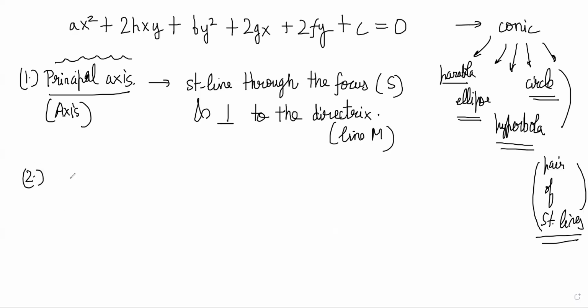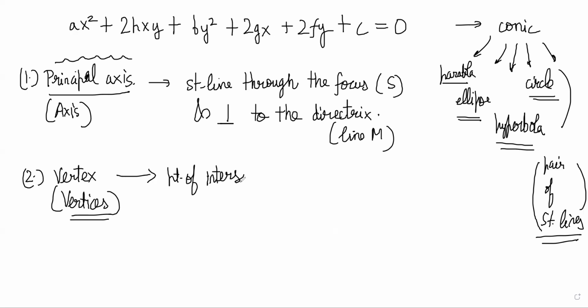The second term that we want to talk about is the vertex. And sometimes it can be more than one vertex in a conic. So it could be vertices, right? So the vertex or vertices of a conic is the point of intersection of the conic section with the principal axis.